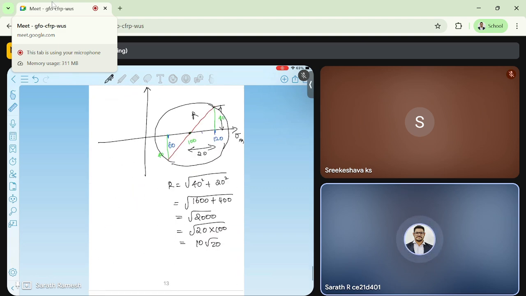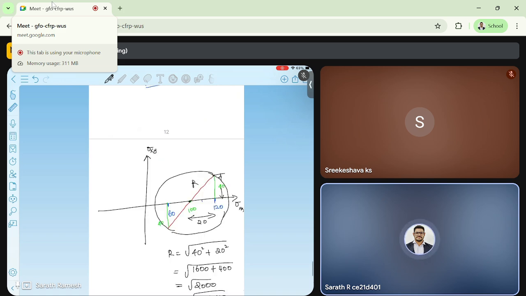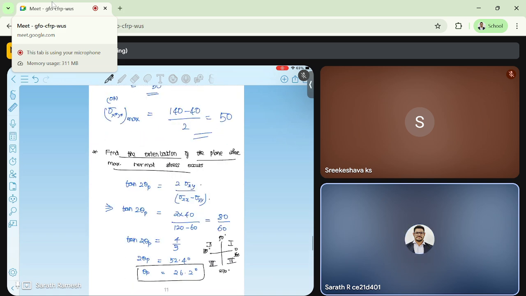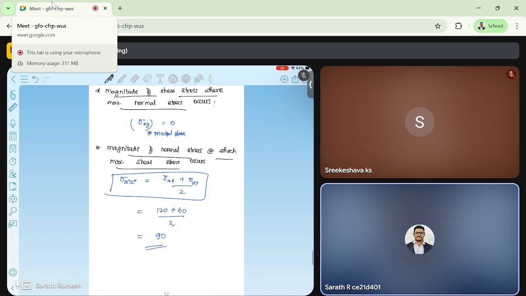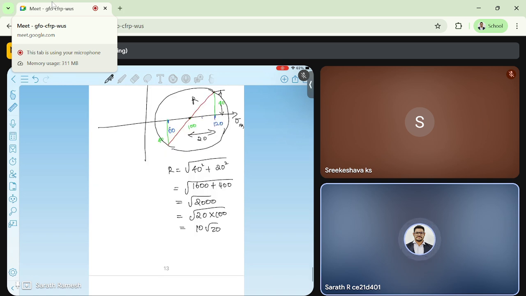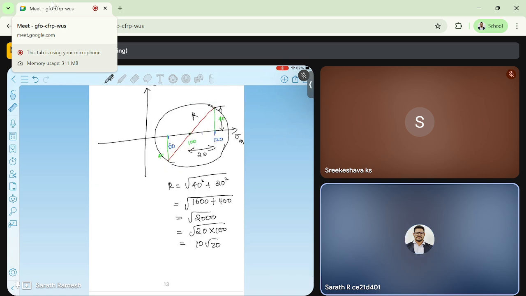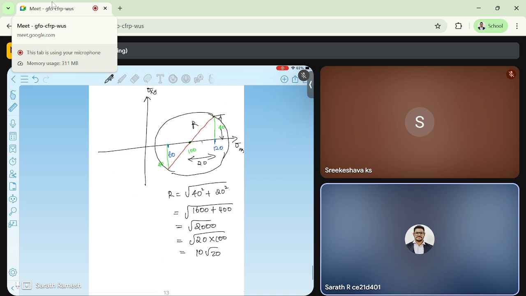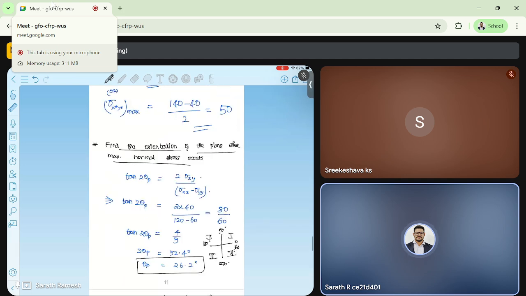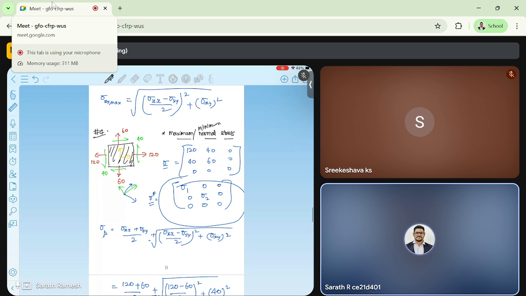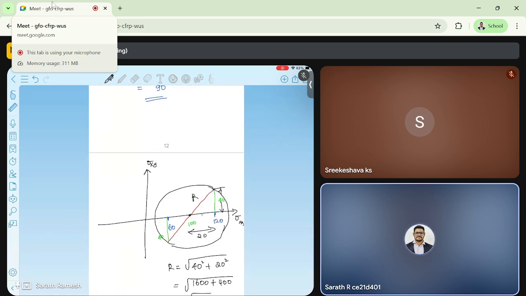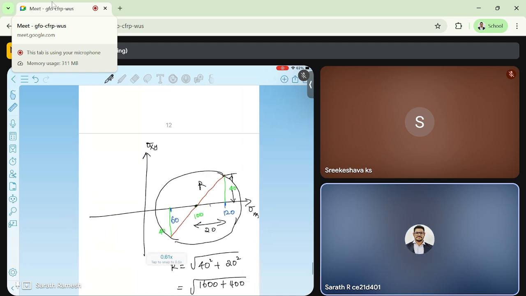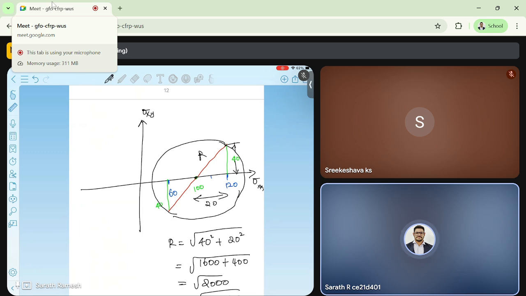Is that right or any mistake? Because last time we got a different radius, 50. So where is the mistake? Did I note down the question correctly? 120, 40, 60. 120, 60, 40. Correct. So this is 20, this is 20.